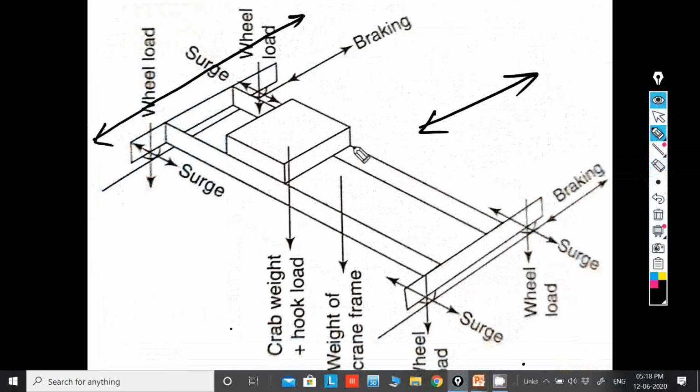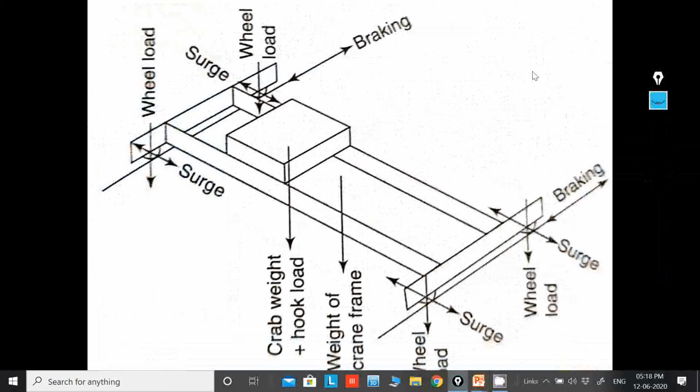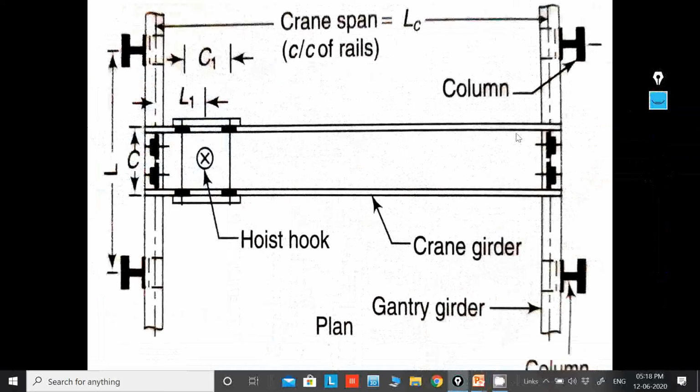So when the crane moves like this, the crane moves parallel to the gantry girder, if you remember this diagram.